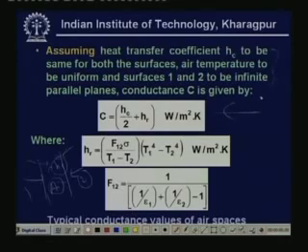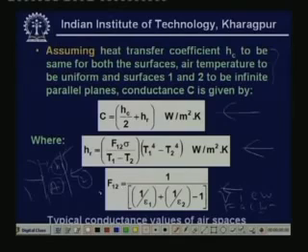The conductance value can be obtained if you know the convective heat transfer coefficient and the linearized radiative heat transfer coefficient. The linearized radiative heat transfer coefficient is given by this expression, where F subscript 1 2 is called the view factor, or configuration factor, or geometry factor. We discussed this while discussing radiation heat transfer.